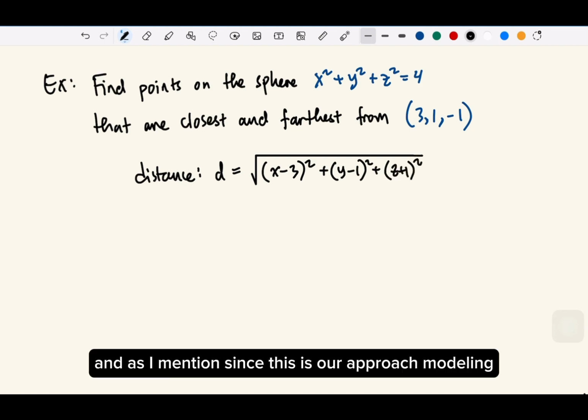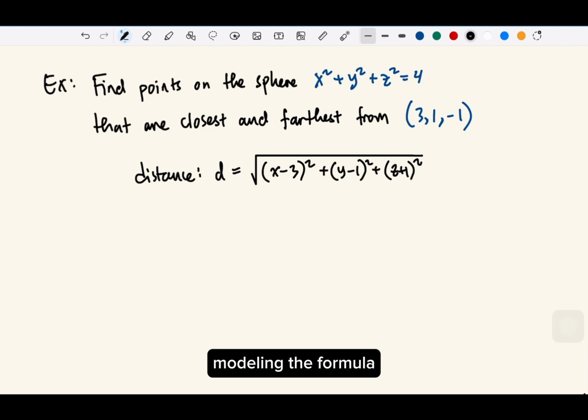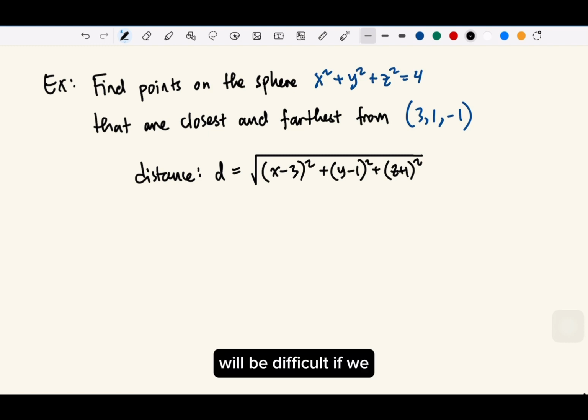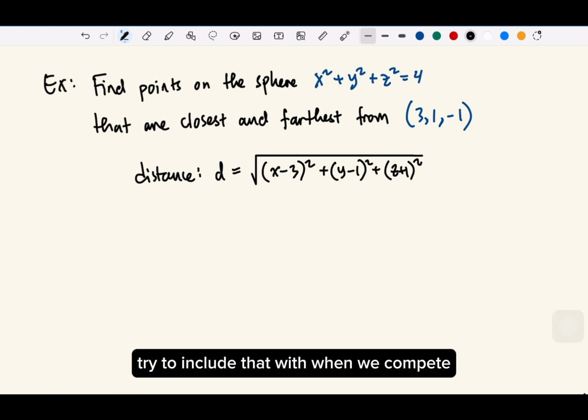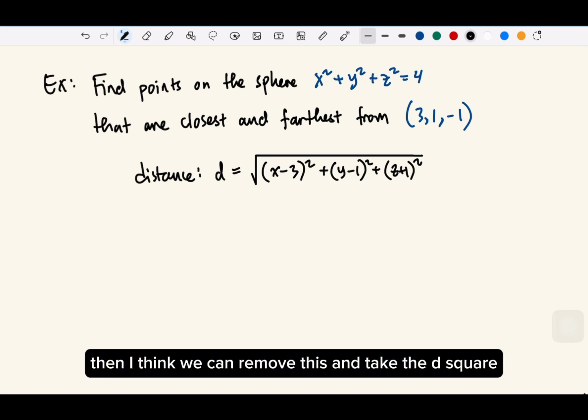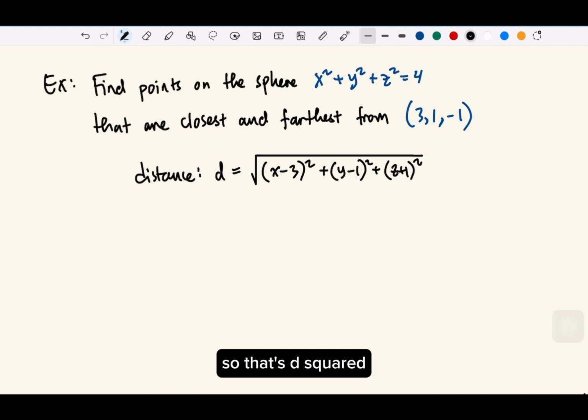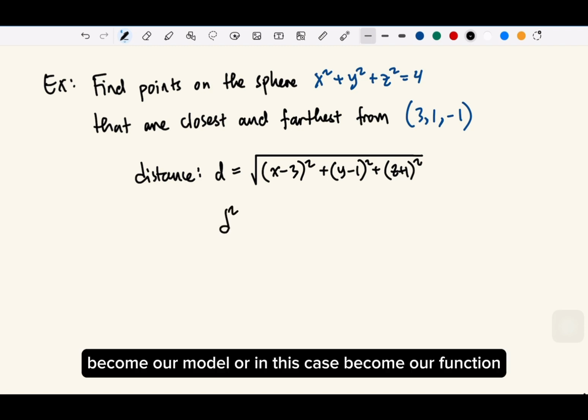And as I mentioned, since this is our approach, modeling the formula, we can simplify the model. If we think that this square root will be difficult to include when we compute, then we can remove it and take d squared. Okay, let's make our model in d squared. So let d squared become our model, or in this case our function.